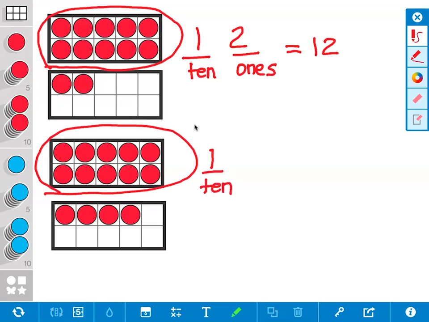Then, when you look at the next 10 frame right here, I don't have a group of 10. How many do I have? I have 1, 2, 3, 4. I have 4 little ones. So when you put a group of 10 and 4 little ones together, you get the teen number 14.